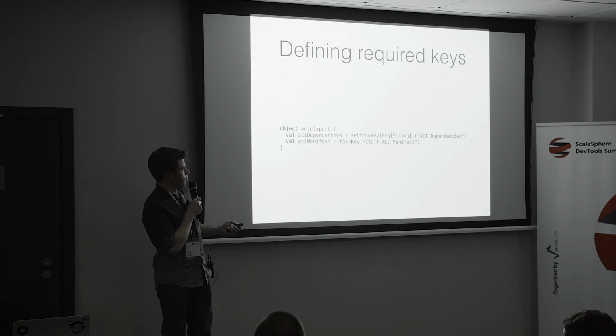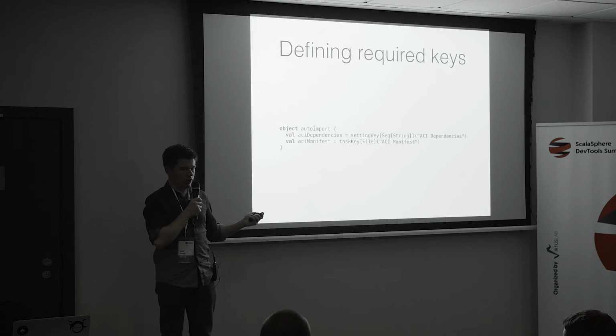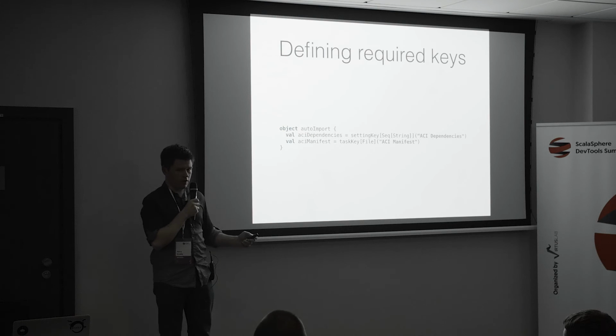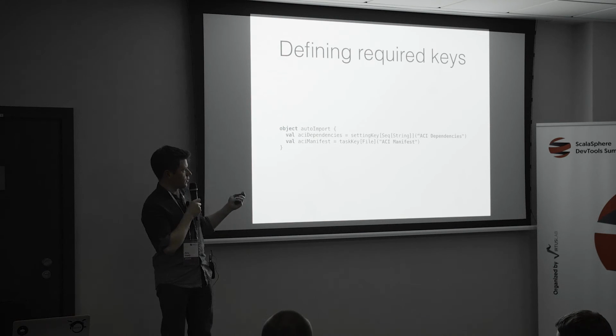So first of all, we want to create some keys that basically allow the user to configure different aspects of the generation of this format. The manifest file has a lot of different things you could configure. Not all the features are currently supported, but I've implemented specifying a list of dependencies.